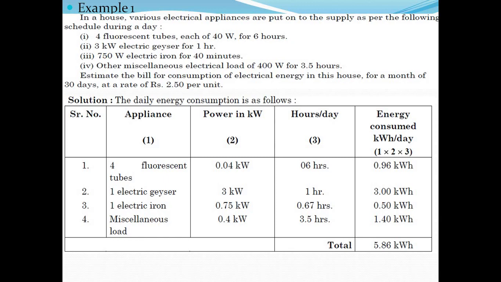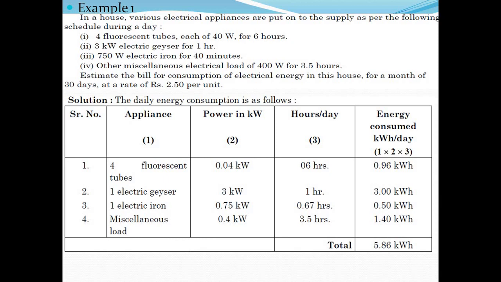In a house, various electrical appliances are put onto the supply. As per the following schedule, during a day, we have to estimate the bill for consumption of electrical energy in this house for a month of 30 days at a rate of rupees 2.5 per unit.